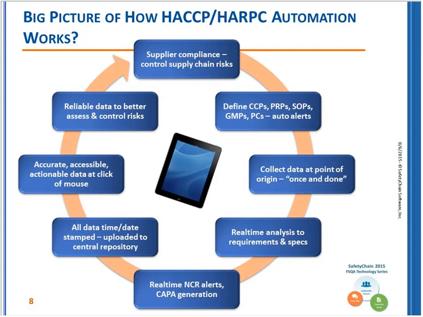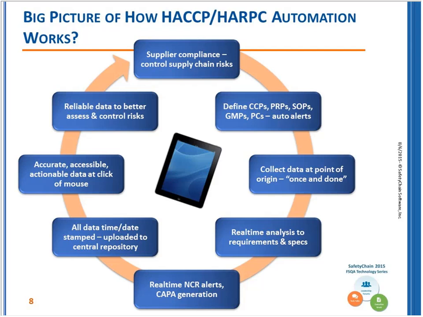There's the ability to define your GMPs, CCPs, PRPs, and preventive controls, set them up in a system, schedule them, and have auto alerts go out when something's due. Dan talked about making sure you're following the plan. There's also the ability to collect data on a mobile device at the point of origin so that you're collecting data once and done, without entering redundant data.